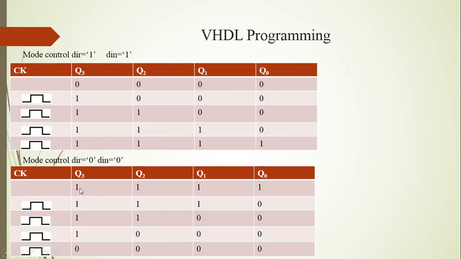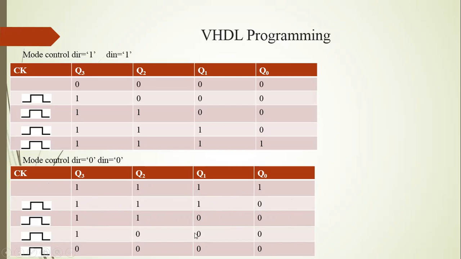Okay, initially the flip-flop output data is 1111. The first clock cycle is applied, then data shifts right to left. Logic 1 shifts into Q0, then the previous data of Q0 shifts into Q1, Q1 data shifts into Q2 and Q2 data shifts into Q3. Then the second clock is applied, logic 0 shifts into Q0, the previous Q0 data shifts into Q1, Q1 into Q2, Q2 into Q3.